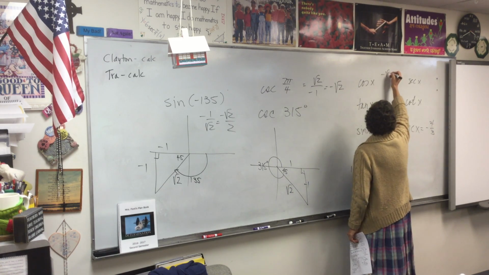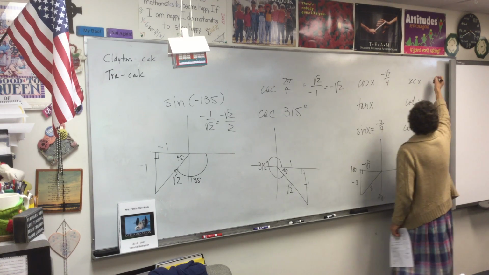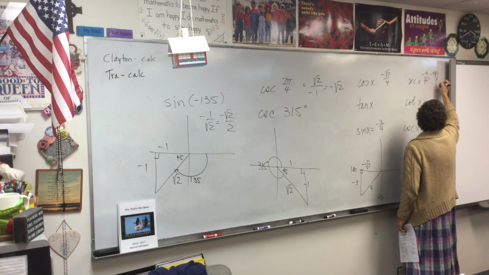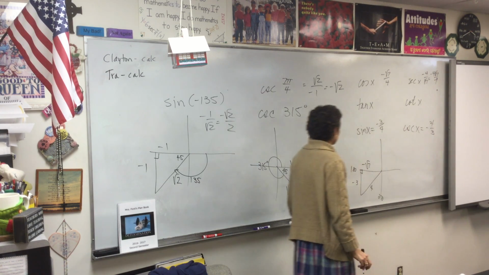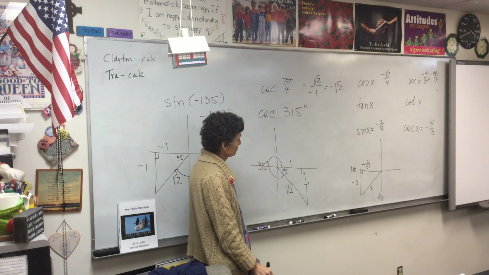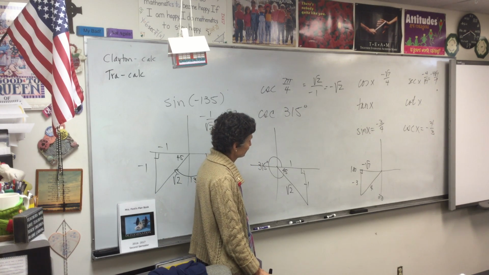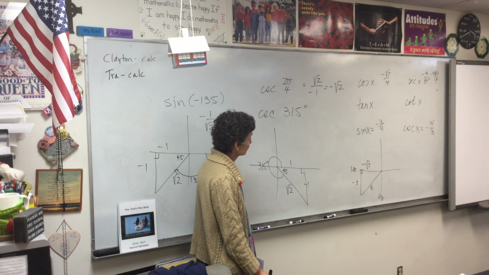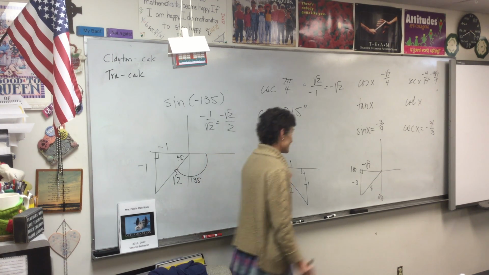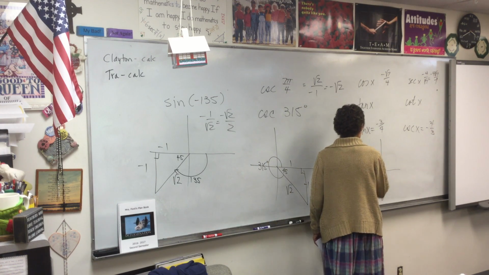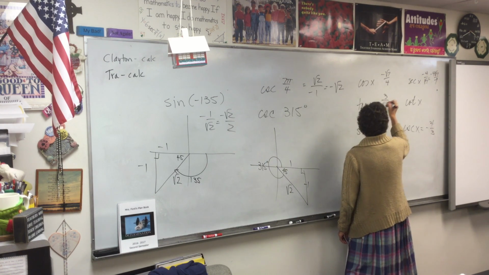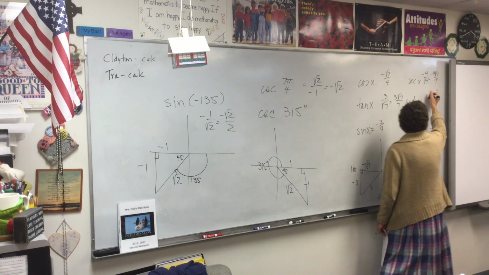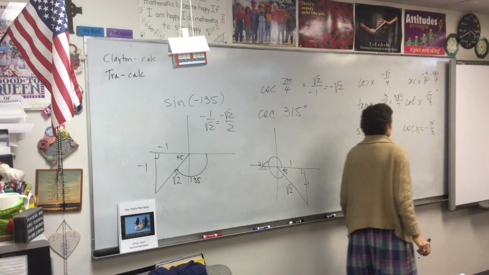Negative √7/4, which means secant is negative 4/√7 or negative 4√7/7. Tangent. It's actually positive because we're putting a negative over a negative. So it's going to be 3/√7 or 3√7/7. And the cotangent is √7/3.